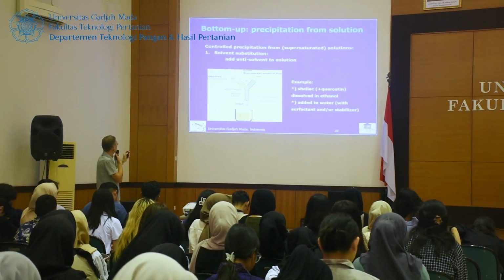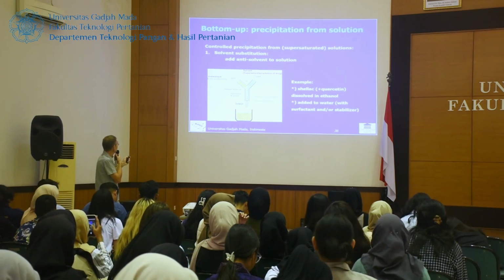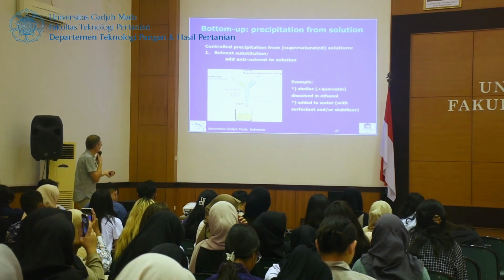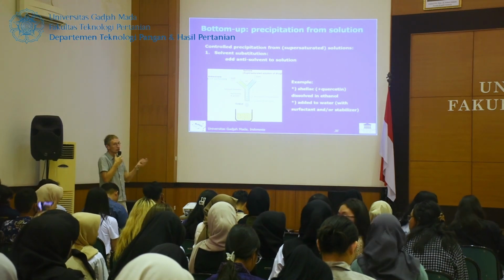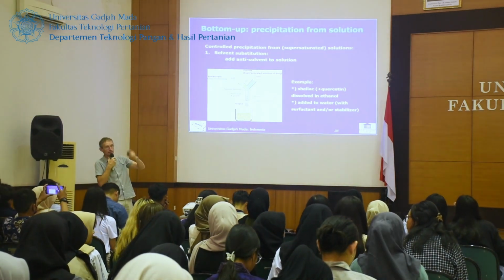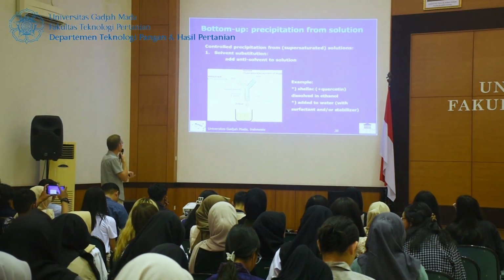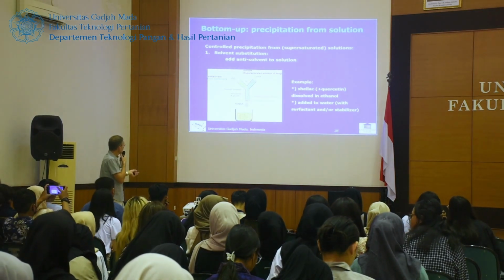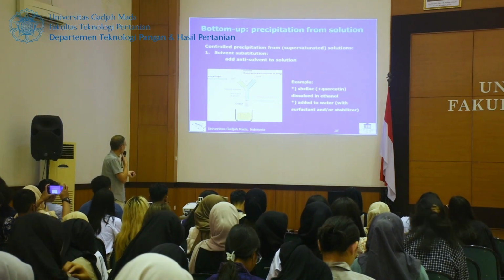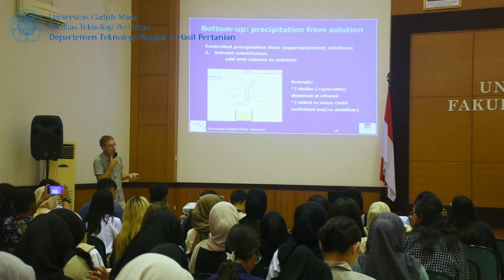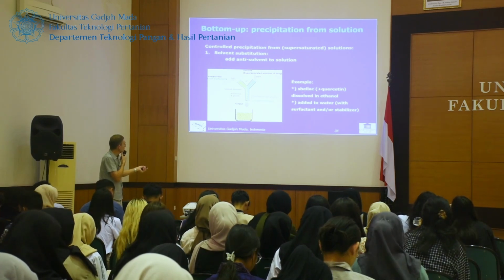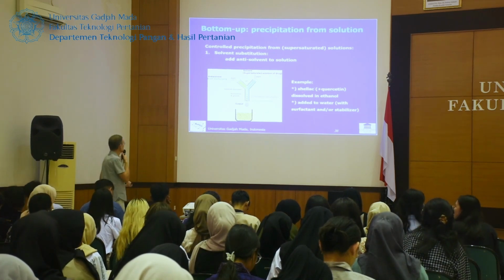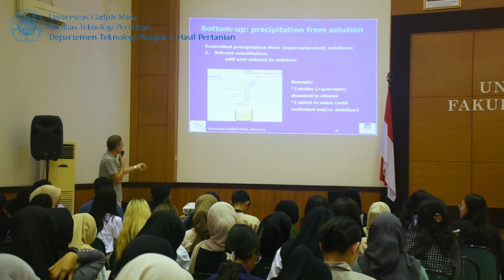Okay, maybe let's skip this one, but just add it as an example, because it's coming from food applications. It's about another kind of bottom-up approach, which is controlled precipitation. For instance, here you see an example for the preparation of shellac particles in water. Shellac is a polymer which is not soluble in water, but is soluble in ethanol.